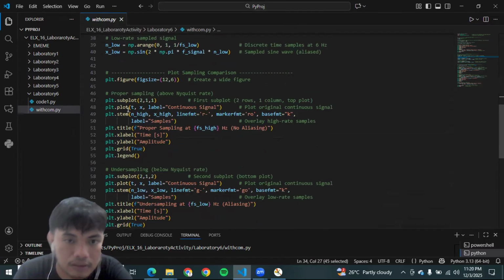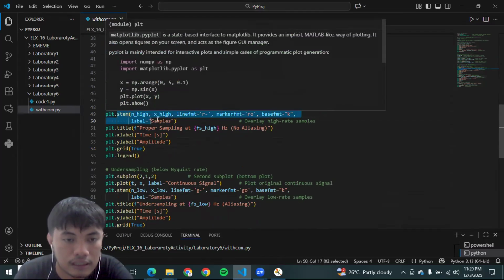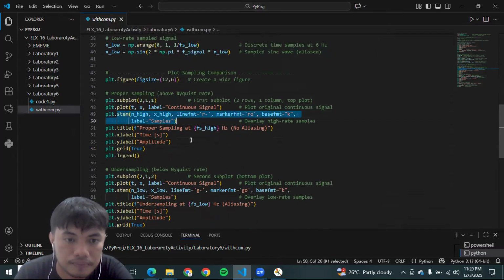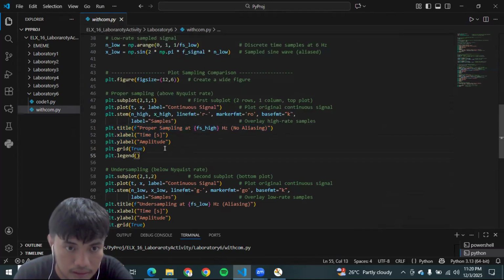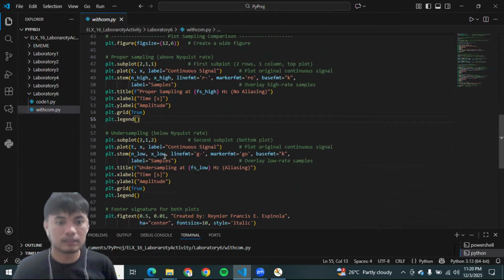So yung first plot natin, which is in position 1, for plotting stem or discrete, para lumabas siya na discrete siya. And for our title and labels. Then legend.